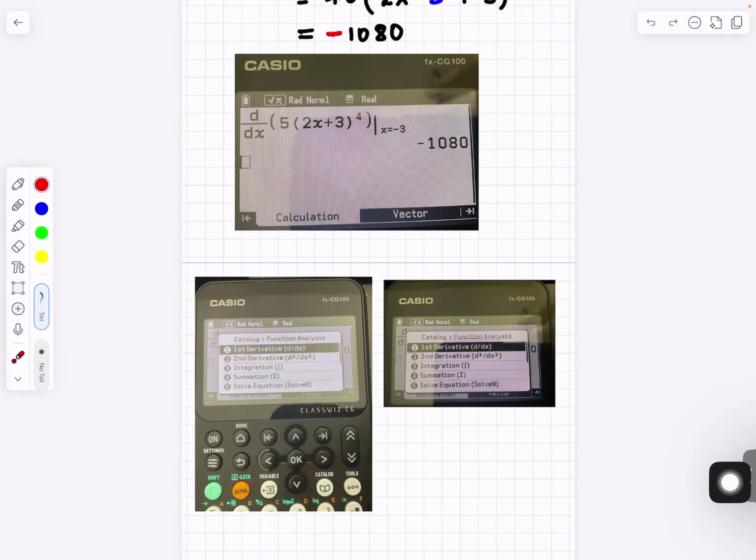You go to first derivative, and then type in 5 bracket 2x plus 3 to the power 4, put x as minus 3, and you get the answer. And then you can show the working out. That's why they say calculators are allowed, but you must show your working out.